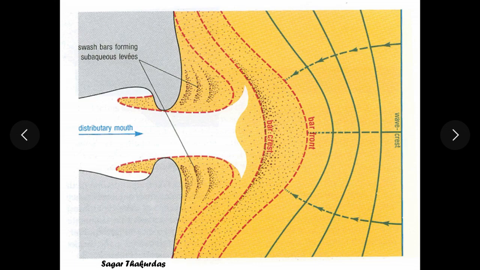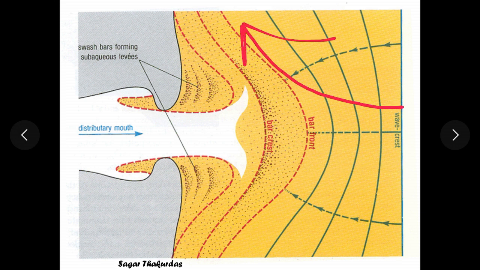Now this is the diagrammatic representation of action of longshore drift currents or waves, by which the sediments carried by the river get redistributed. So this is the distributary channel which deposits the sediments here, and these sediments are transported laterally by the waves, and this lateral movement of waves is called as longshore drift currents.